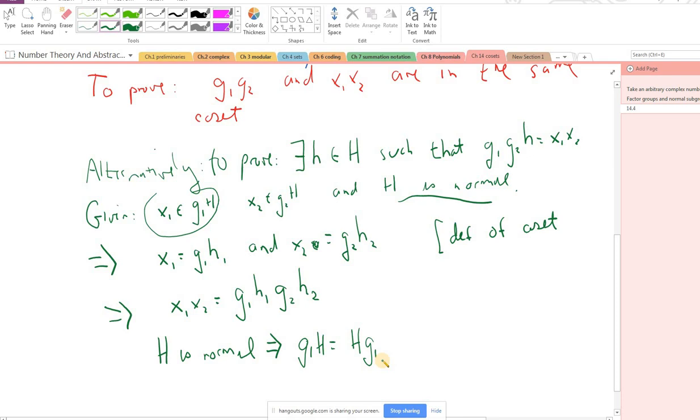Oh, okay. H1g2 is the same as g2H1. No, there's no H1 here. It's the entire set. So be careful: normal is a statement about the cosets, not about individual elements.